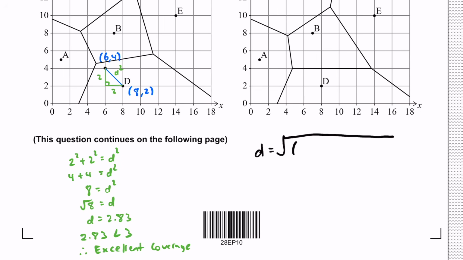And here it is, x2 minus x1 squared plus y2 minus y1 squared.